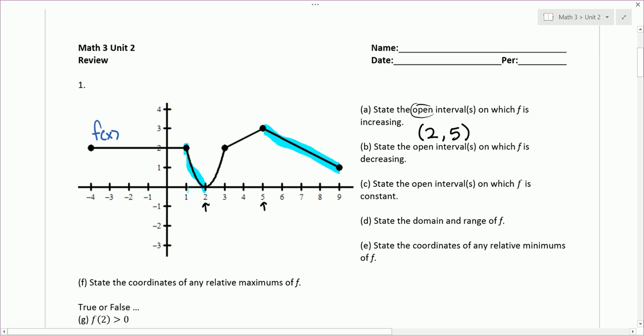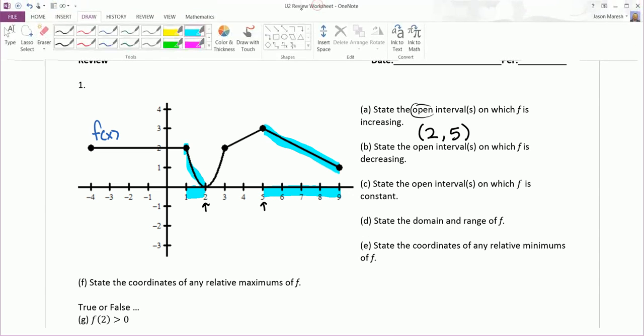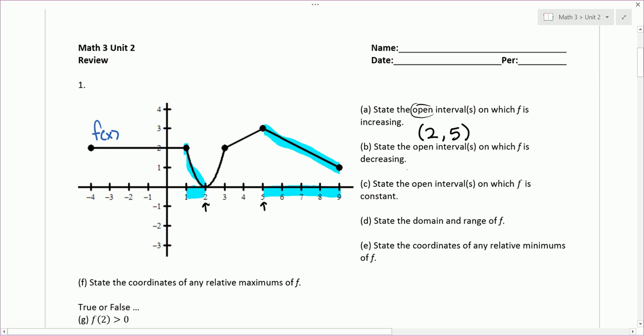So parts of the domain, that's from 1 to 2, and 5 to 9. First interval, 1 to 2, so everything in between 1 and 2, even 1.1, 1.2, 1.3, and so on. And the other interval is 5 to 9. Everything in between 5 and 9.